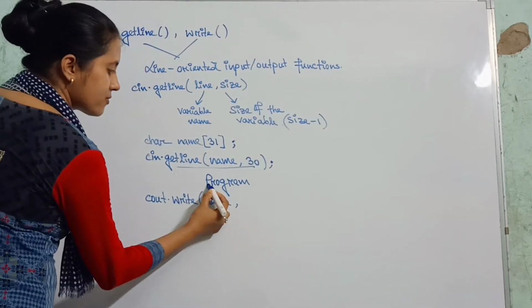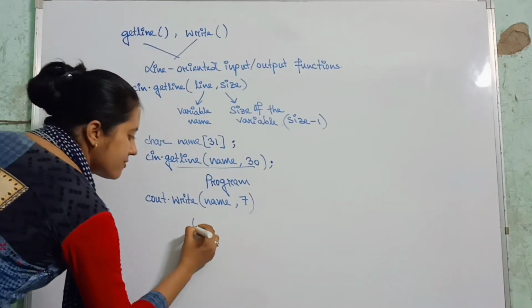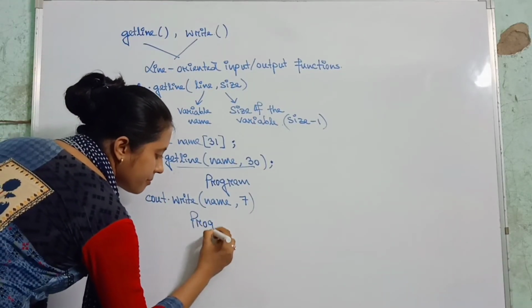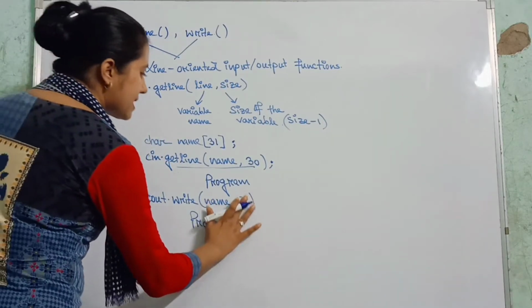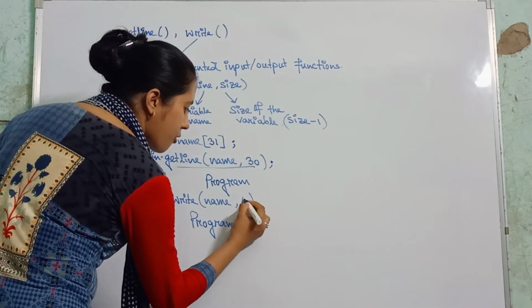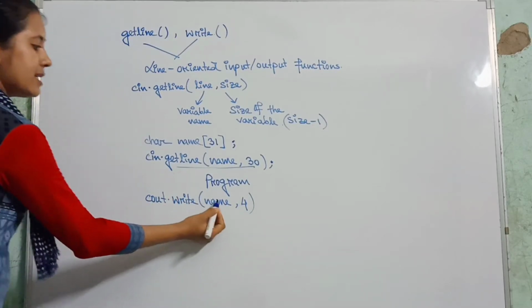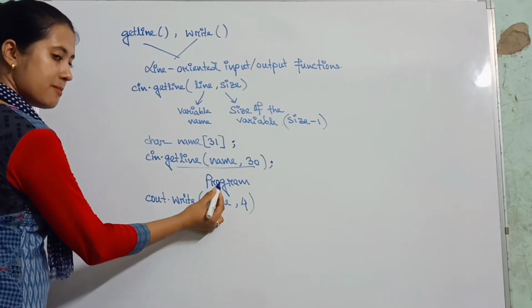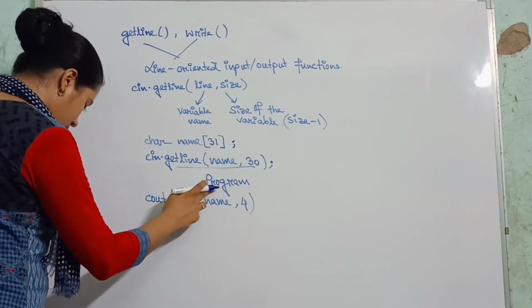Okay, so what is the size? 1, 2, 3, 4, 5, 6, 7. If I write 7, then this will display program. Okay, whole program it will display. But if I give the size as 4, then it will write the name. What is the name? Stored program. In the name variable, program is stored.